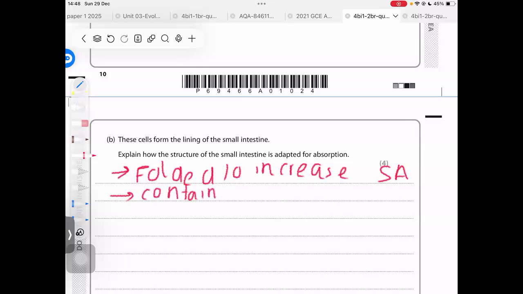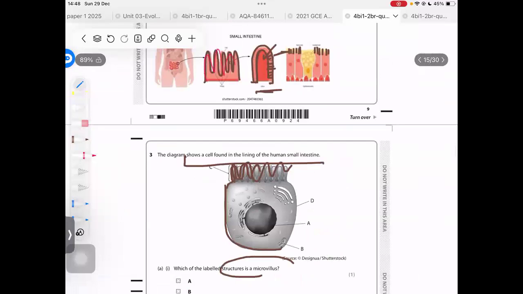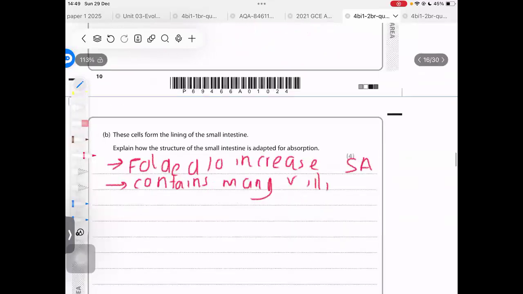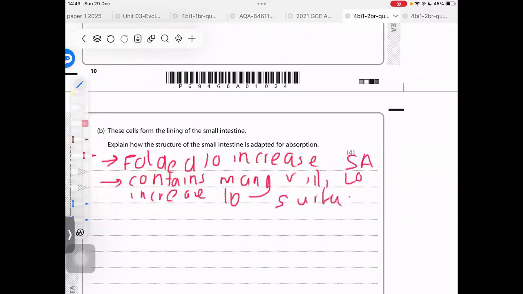You can see it contains many villi over here. Why does it contain many villi? Again, to increase the surface area. You can write it down: contains many villi to increase the surface area.